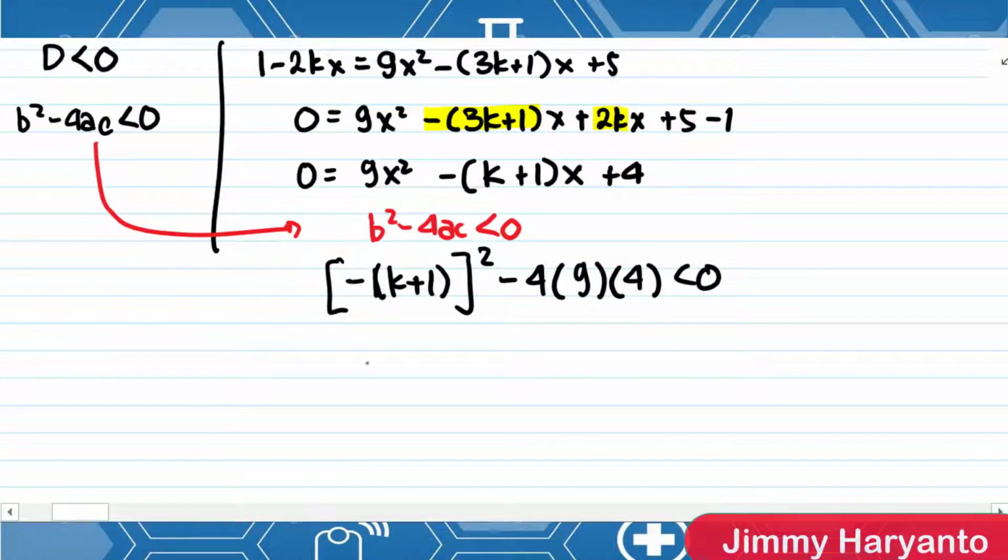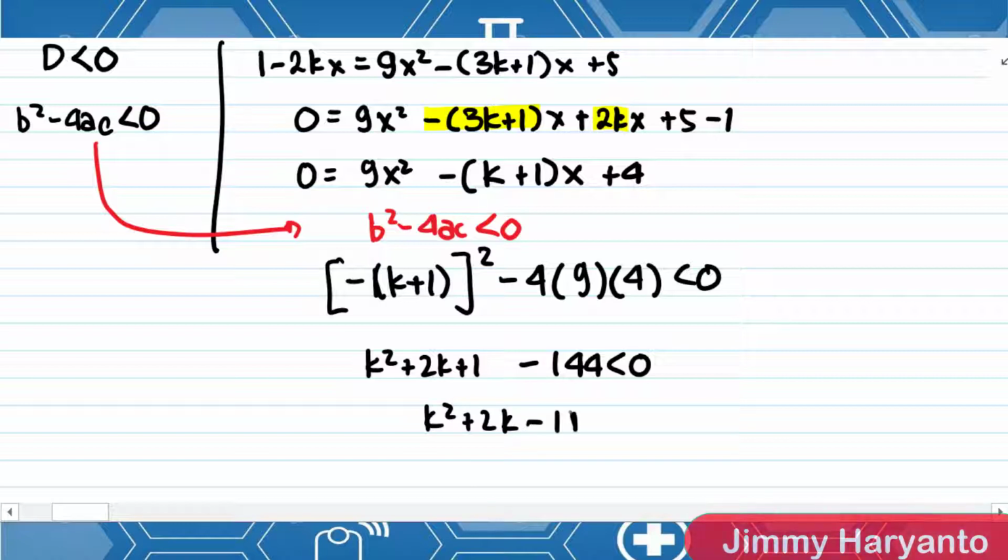After that, you have to expand it. k squared plus 2k plus 1 minus 36 times 4, which is 144, less than 0. After that, k squared plus 2k minus 143 less than 0.